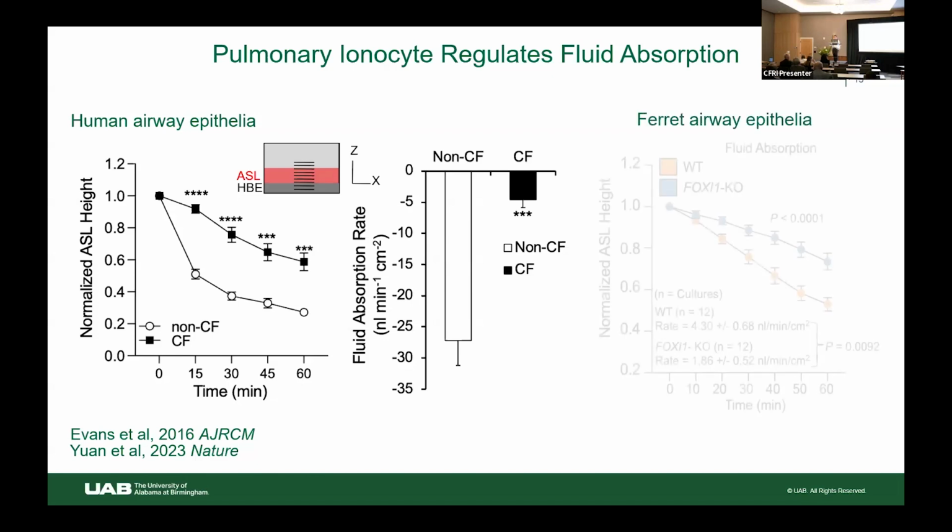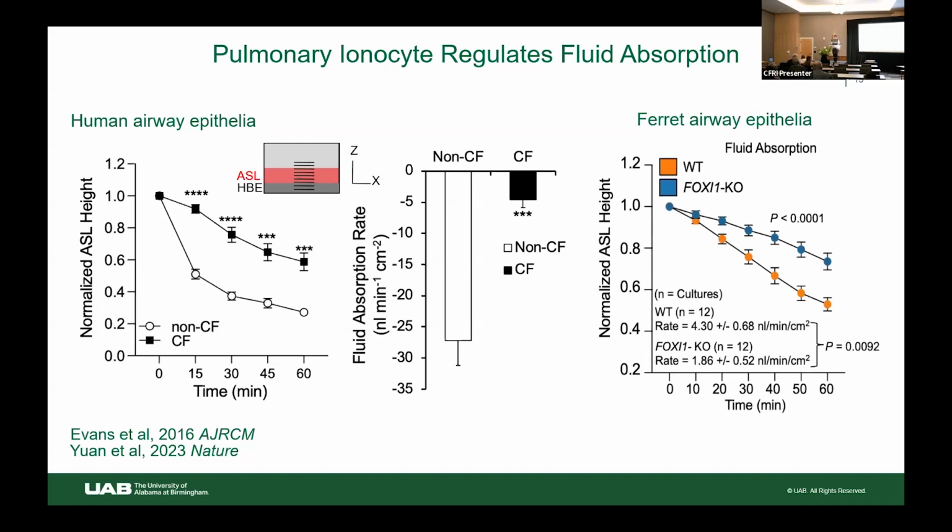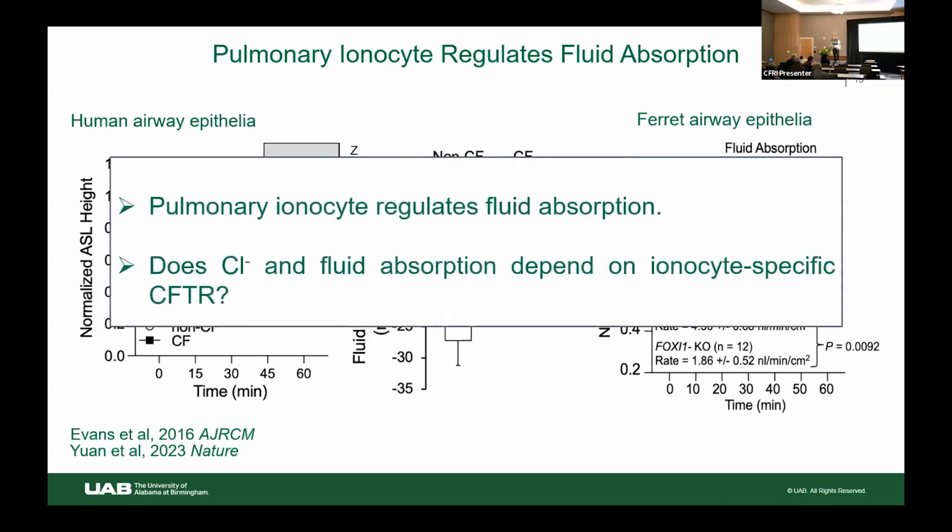Then moving to the ferret modeling system, we did ionocyte-depleted culture. What we found here is that the ionocyte depletion showed a much slower fluid absorption when compared to the wild type cultures. So we conclude that pulmonary ionocytes regulate fluid absorption.